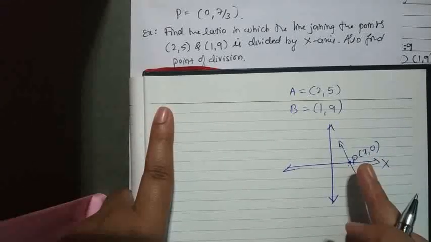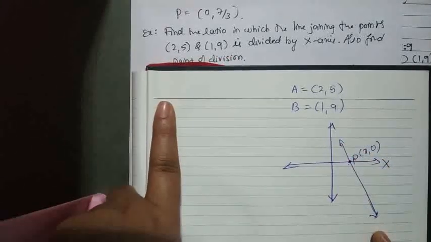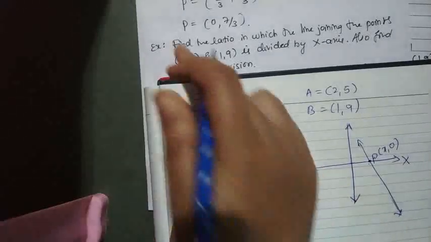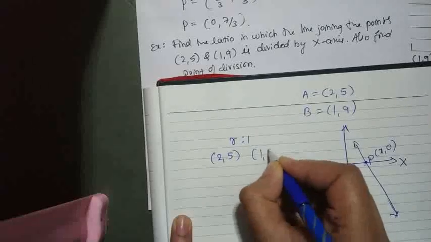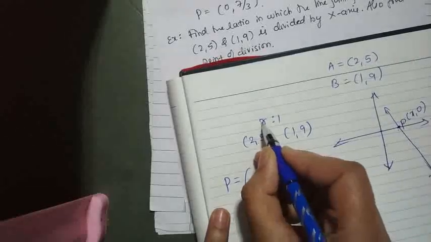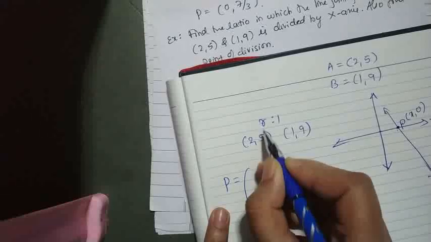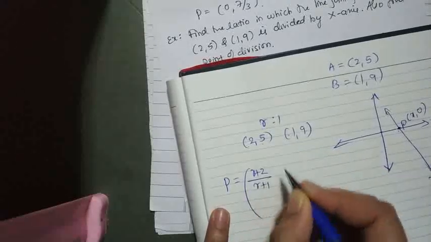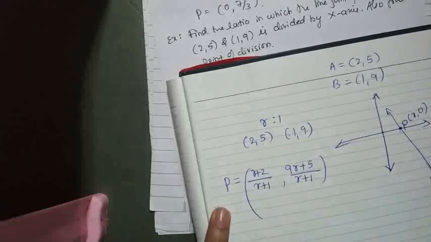So this point P divides the line segment AB in the ratio r:1. We are asked to find the ratio. So the coordinates are 2, 5 and 1, 9. Therefore the coordinates of P are given by mx2 plus nx1 by m plus n, my2 plus ny1 by m plus n, that is r plus 2 by r plus 1, and 9r plus 5 divided by r plus 1.